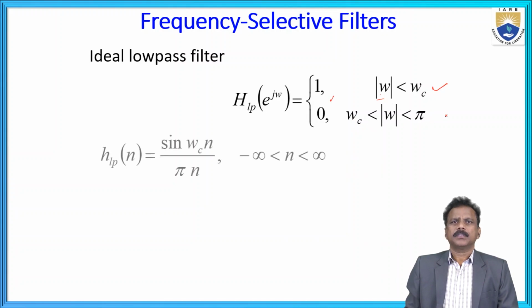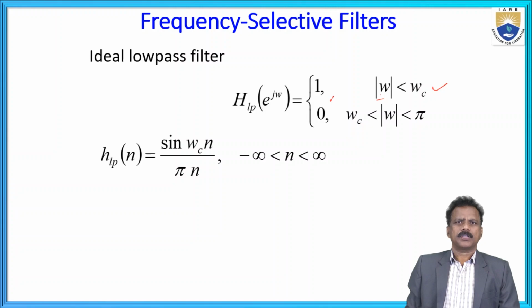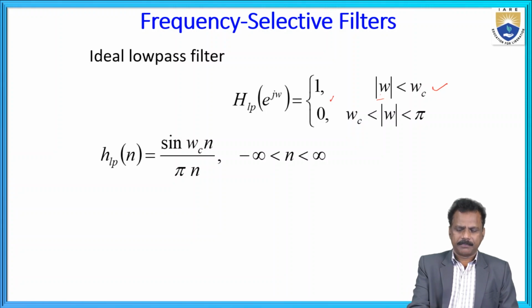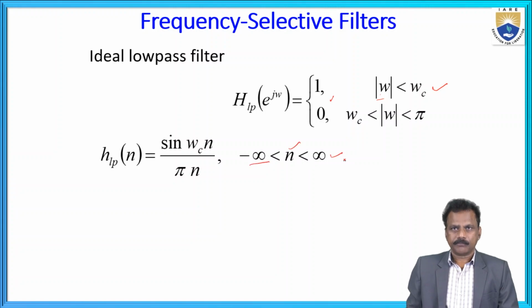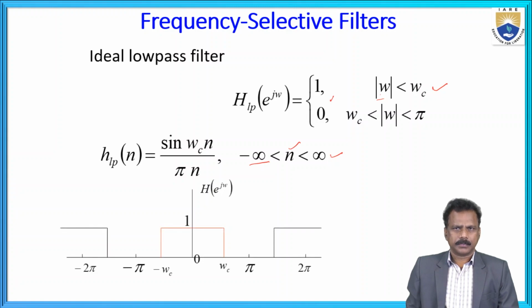Now the ideal low pass filter impulse response h_LP of n is equal to sin omega c n by pi n, in the interval minus infinity less than n less than infinity. This is the graphical representation of the ideal low pass filter.